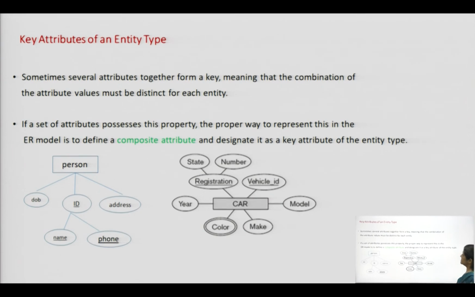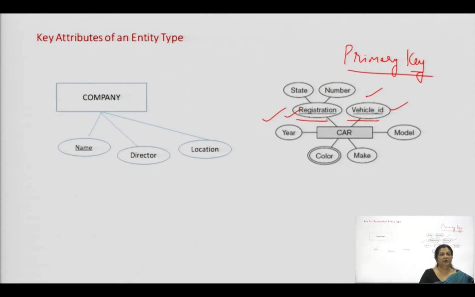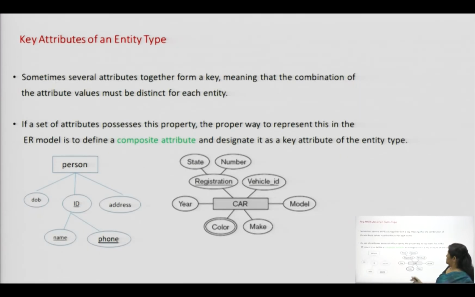Now, sometimes several attributes together may form a key. If you remember the definition, one or more attributes. So, sometimes several attributes may together form the key. In that case, in the ER diagram, for example, two attributes name and phone number for a person together form the key.